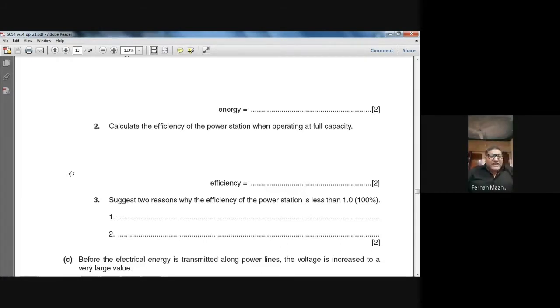So the energy which you just calculated for 1 year in the B first part, you divide that by 365 and divide it by 24. Then you will get the output energy for one hour. And then it will be very simple. I've done this on a paper. Let me show you.